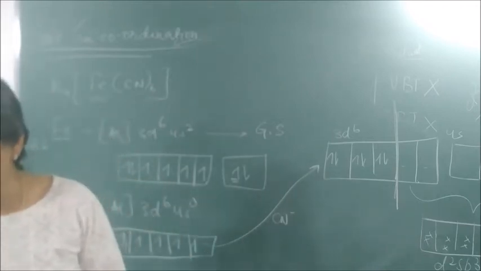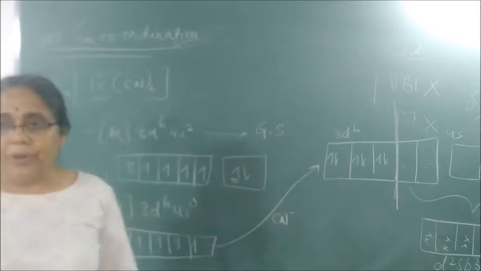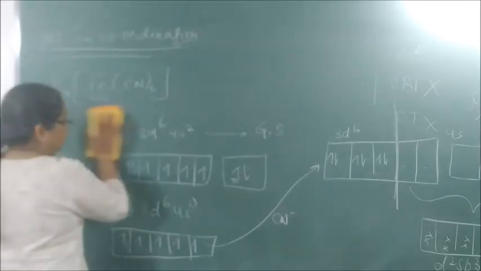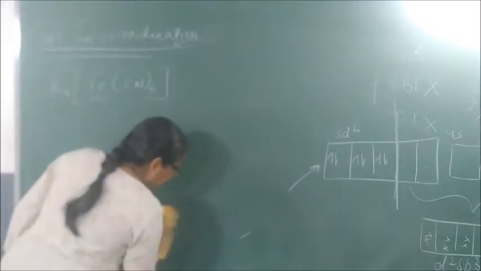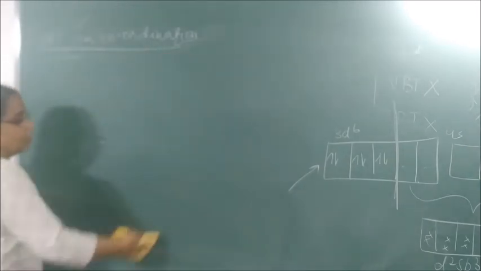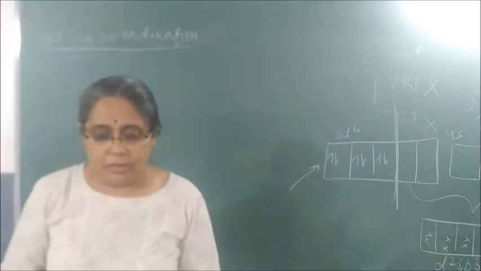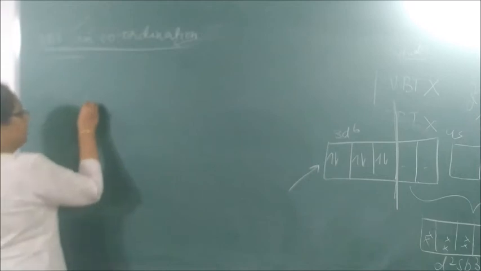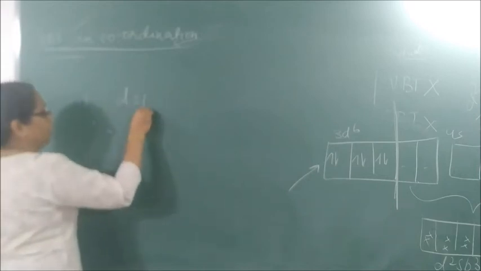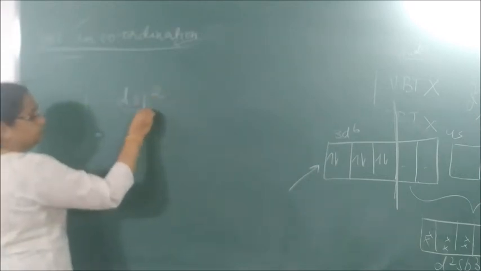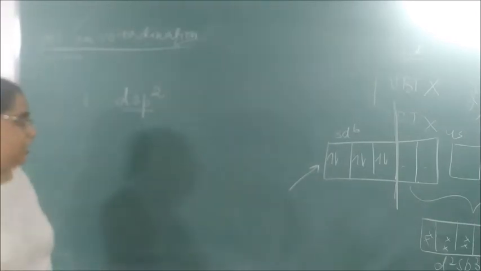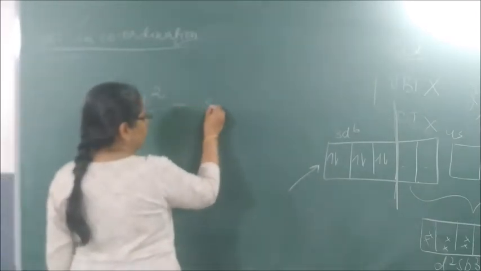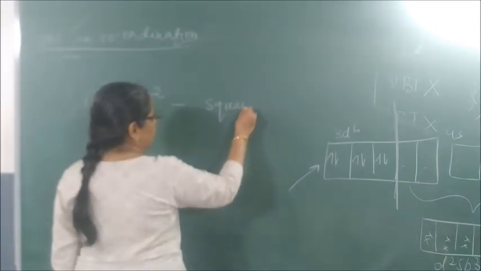The geometrical shape of the complex depends on the type of hybridization. Please write. First, dsp2 hybridization. If it shows dsp2 hybridization, the shape is square planar.